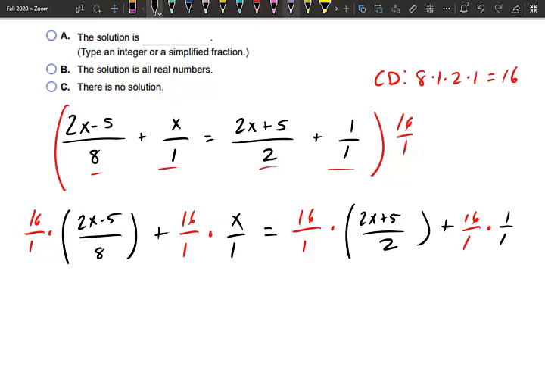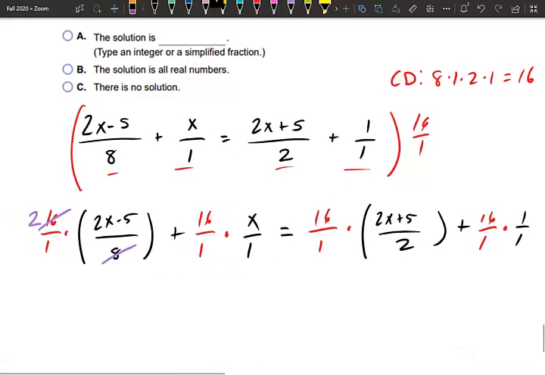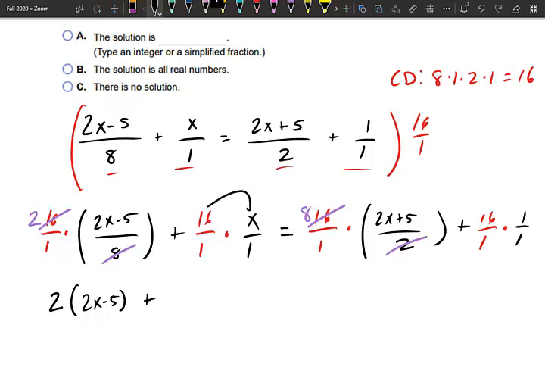Alright, now we're going to cancel out left to right, so 16 divided by 8, we're left with 2. We can't cancel out anything here. Moving on to the other side of the equal sign, 16 divided by 2, we're left with 8. And I cannot cancel anything out to the right, so let's write what we have left over. We have 2 parentheses 2x minus 5 plus 16 times x, so 16x, equals 8 times 2x plus 5 equals 16 times 1, so 16. My bad, plus 16.